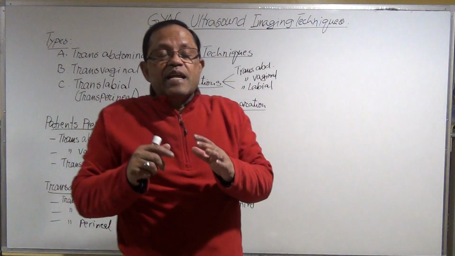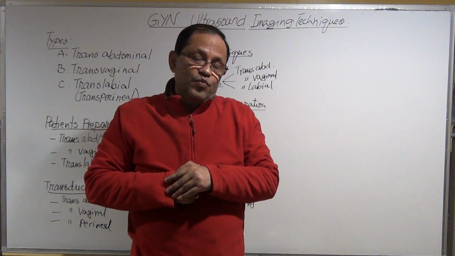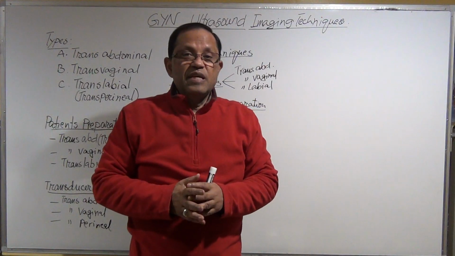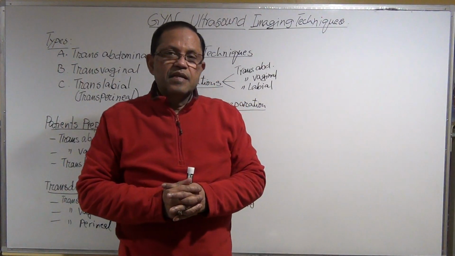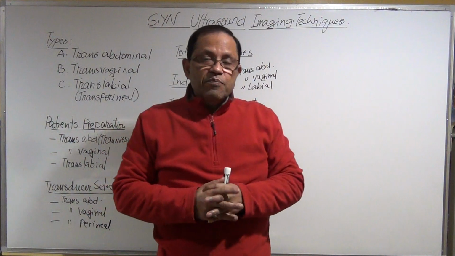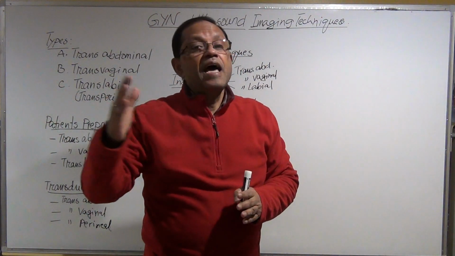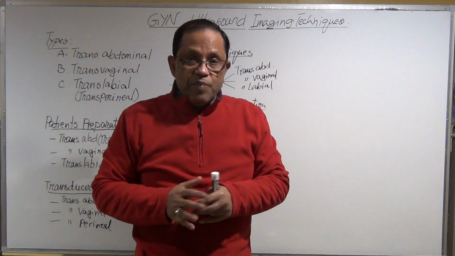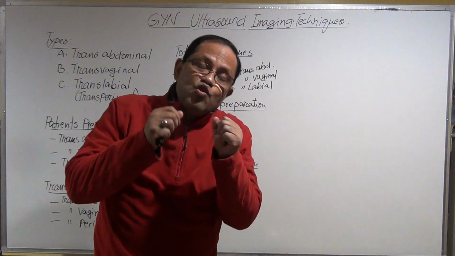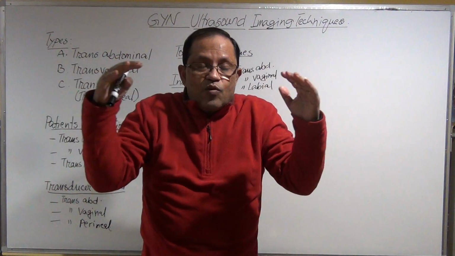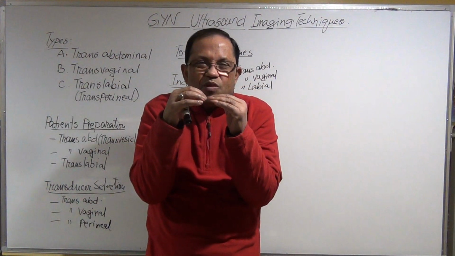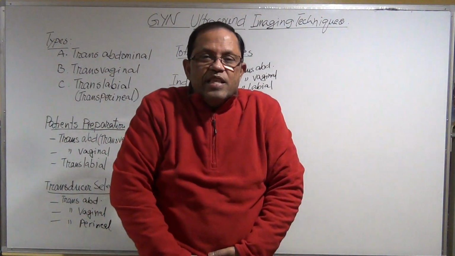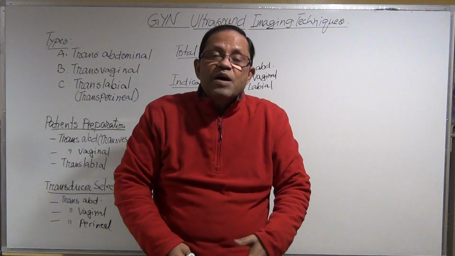And the full bladder also helps to move the intestine and the bowel. The bowel has gas; the gas in the intestine, that is bowel. If the bladder is not full, all the small intestine coils or loops will come and occupy the lower pelvis or the pelvic cavity.